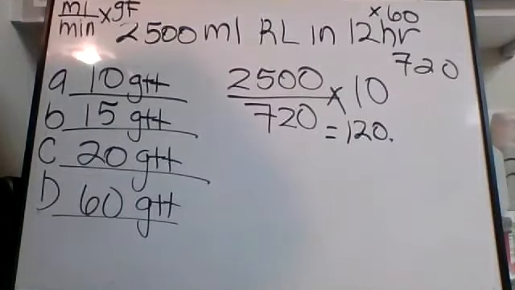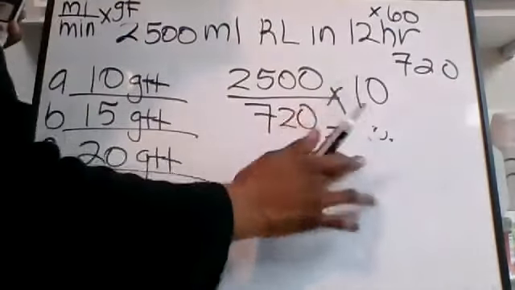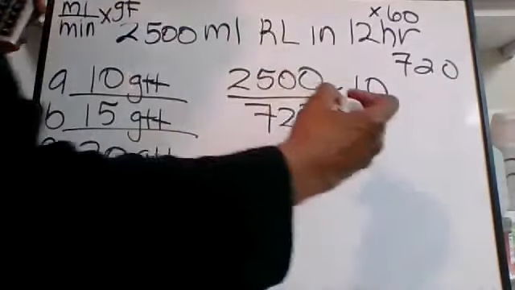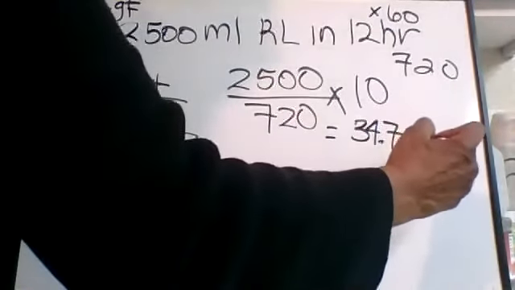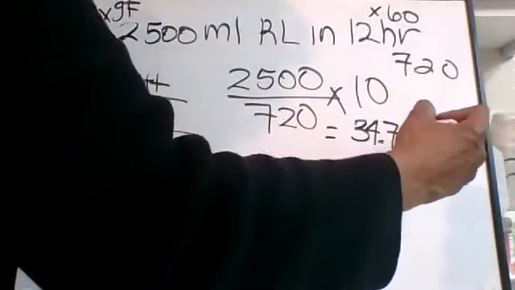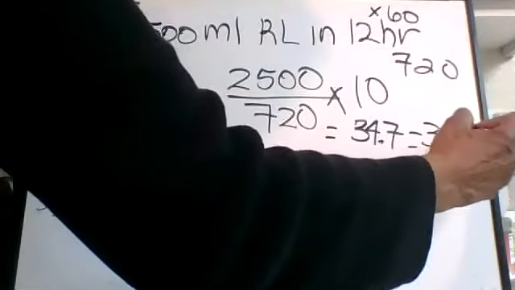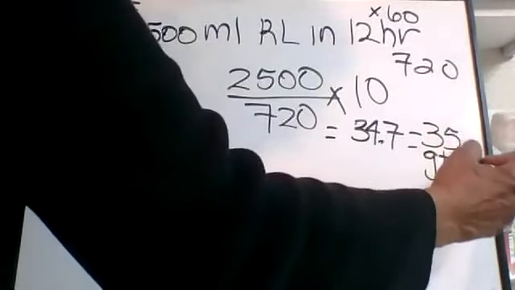Doing this, yeah, I'm right. Make sure 2,500 divided by 720 times 10. Check my math, y'all. So it's 34.7. Okay, we round it to the nearest whole number, and it would be 35 GTTS.